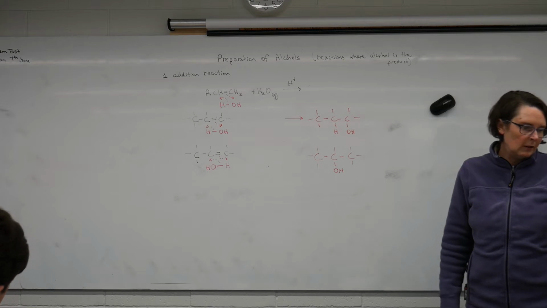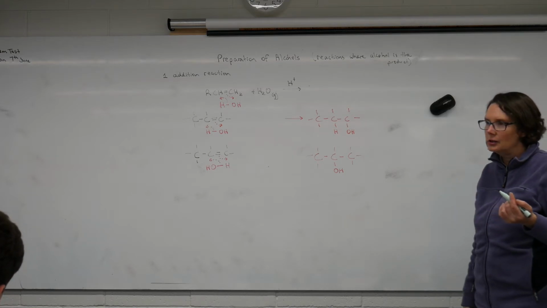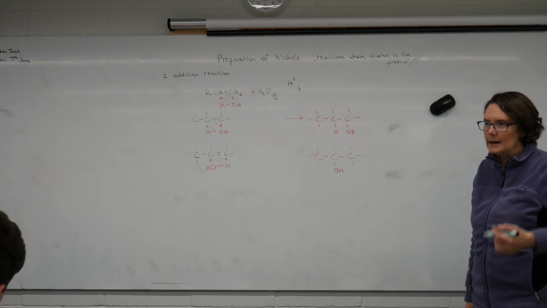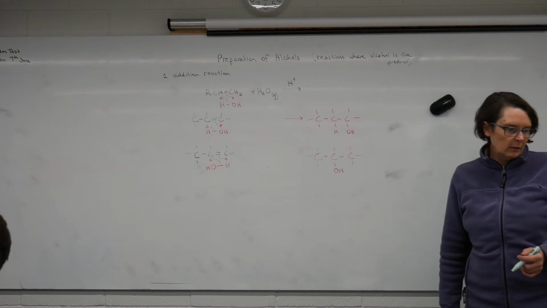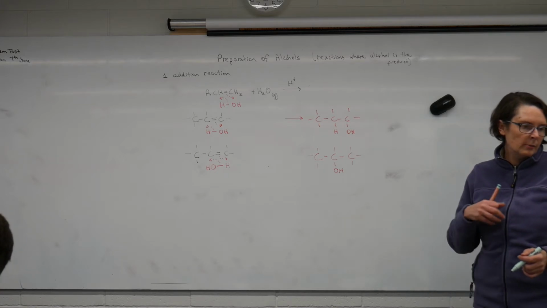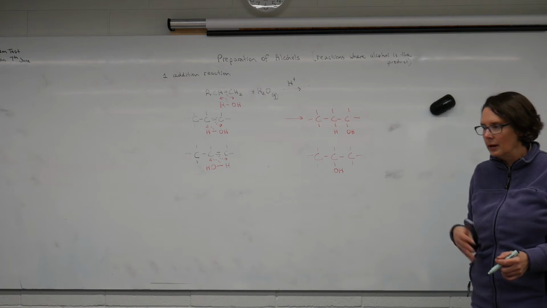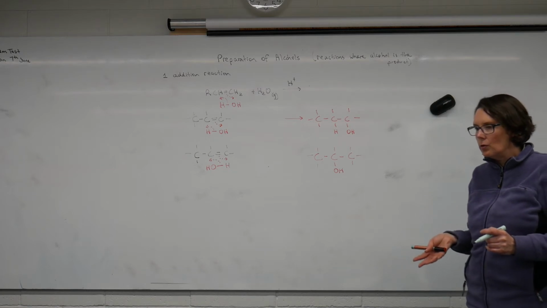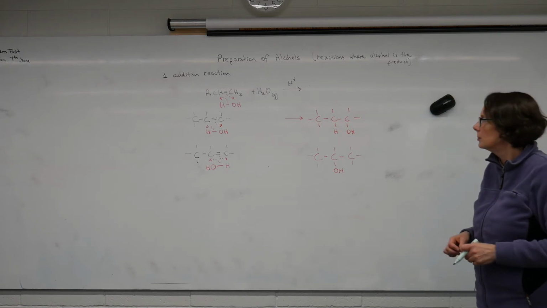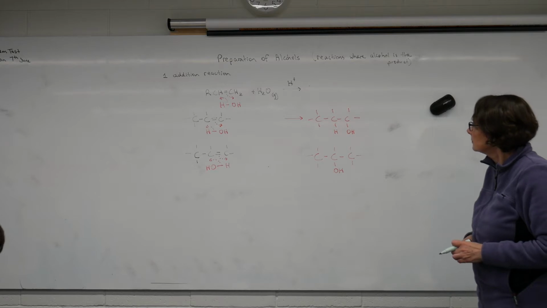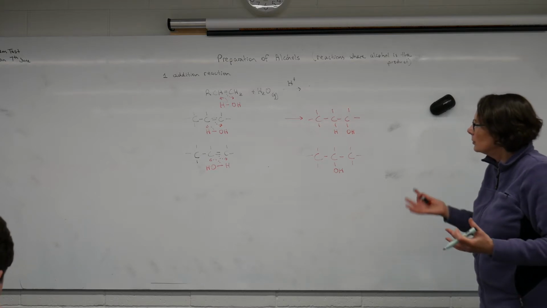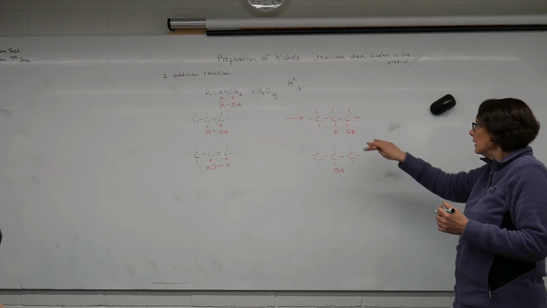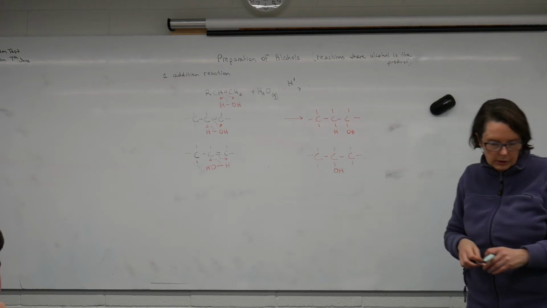But I want you to be getting into the habit of looking at these formula sheets because there's been plenty of times when in a test or an exam the answer is very straightforward if you know how to interpret that chart. Okay, so it's an addition reaction because we're completely adding across the double bond.